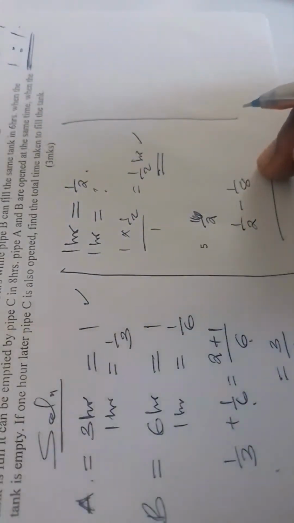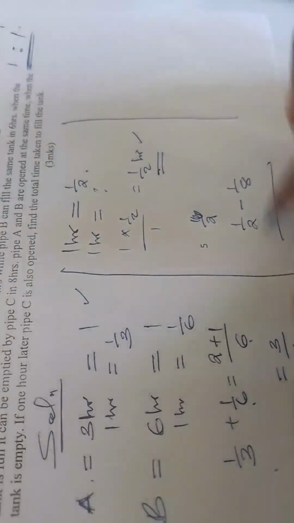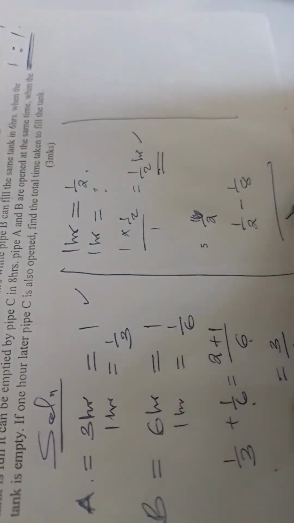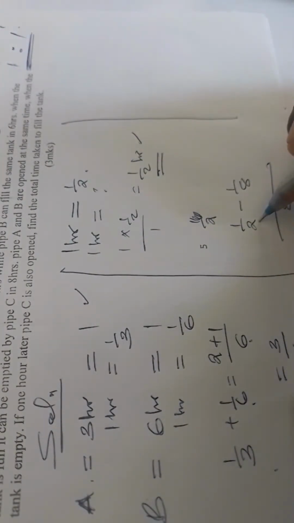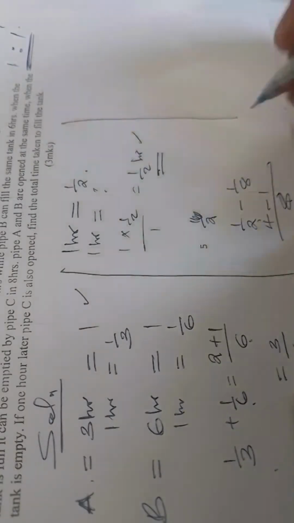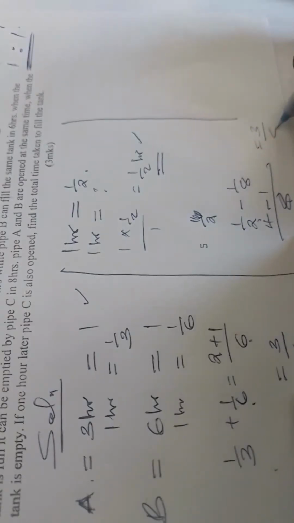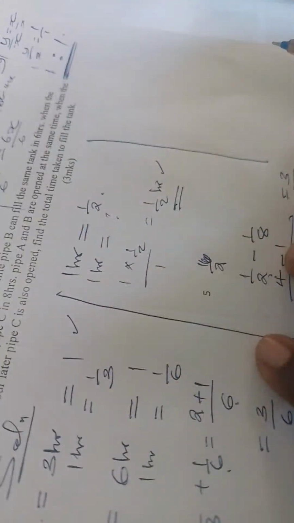Then we want to find, after 1 hour, if all the pipes are open, the fraction that will be filled by the 3 taps. So the LCM for this is 8. 8 divided by 2 is 4, then minus 1. So this one will be 3 over 8. So after 1 hour, it will fill 3 over 8.